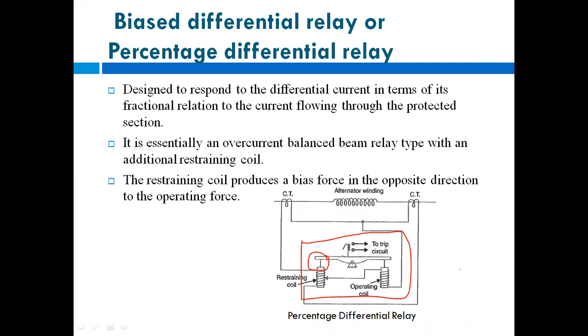Now here the same principle is used, that is, the current difference is obtained, but it is in percentage. Here again we are considering the alternator winding protection. Two CTs, current transformers, are connected to the two sides of this alternator.